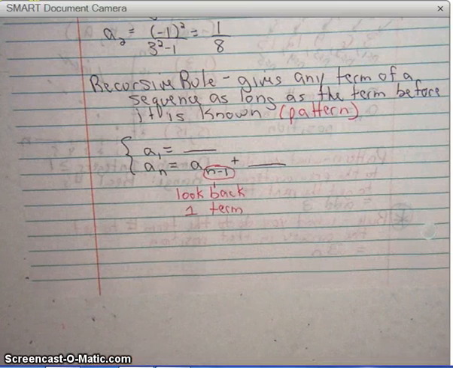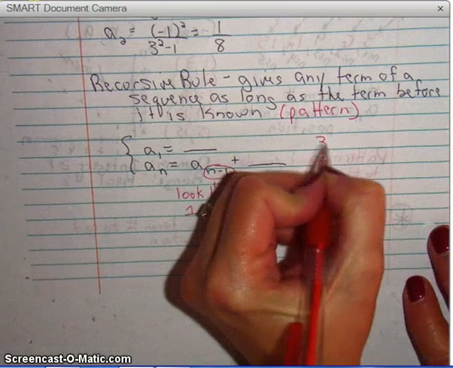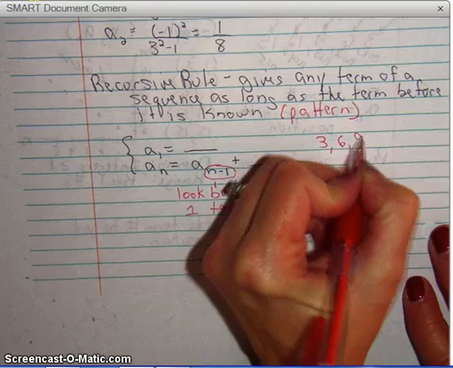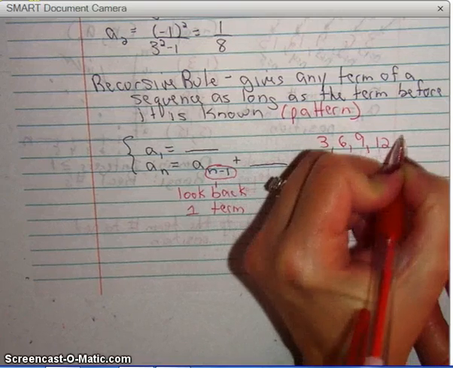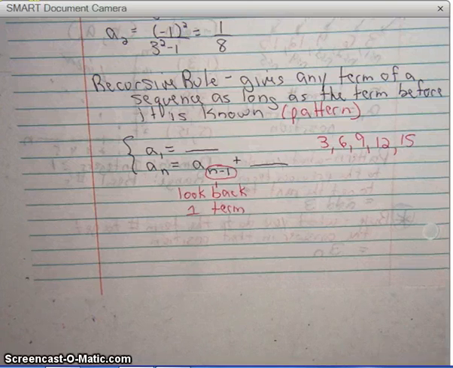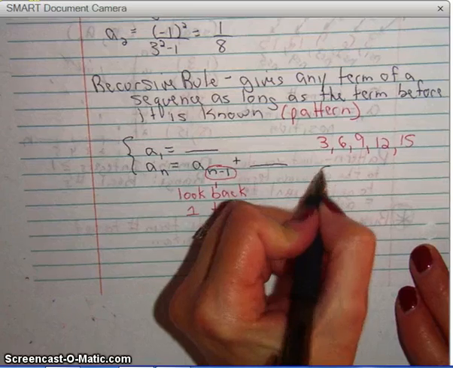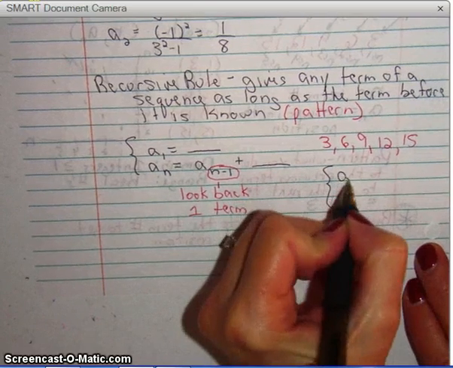The operation depends on what sequence you're looking at. Can we go back to our sequence at the beginning? 3, 6, 9, 12, 15. That was our sequence we started with. Okay? Now, could you write a recursive rule for this?